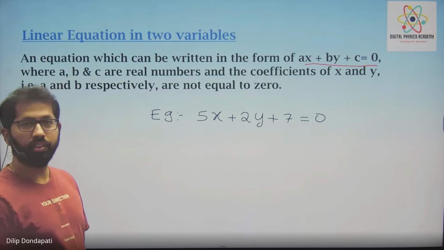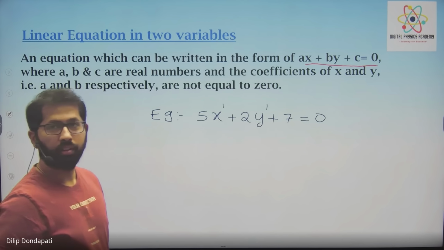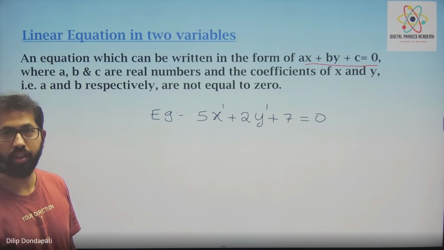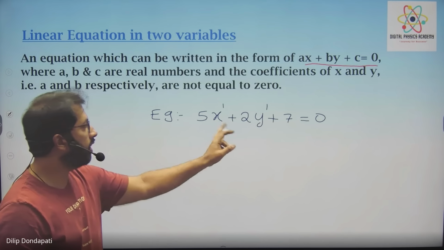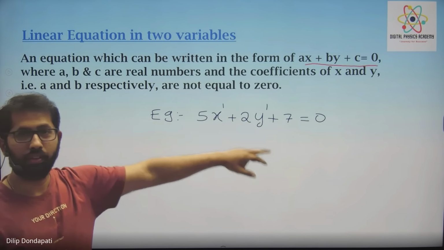This is a linear equation. How much is the degree? 1. The highest power of the variable is called the degree, right? And since it has two variables, we call it a linear equation in two variables.